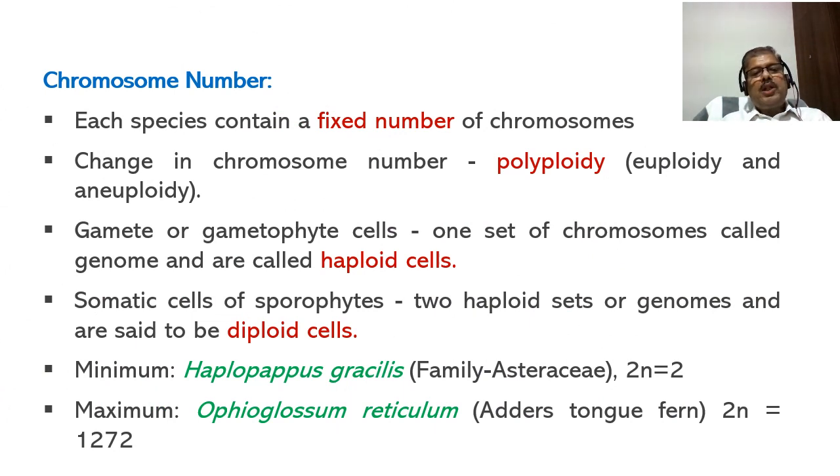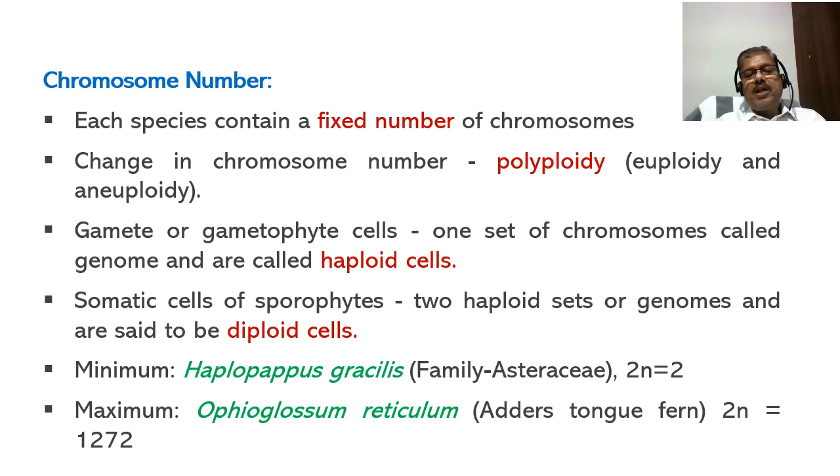Now with respect to chromosome number, each species contains a fixed number of chromosomes. However, a change in number may be seen in some species and is known as polyploidy. Normally, the gametic cells contain one set of chromosomes, called haploid cells. The somatic cells contain two haploid sets of chromosomes.